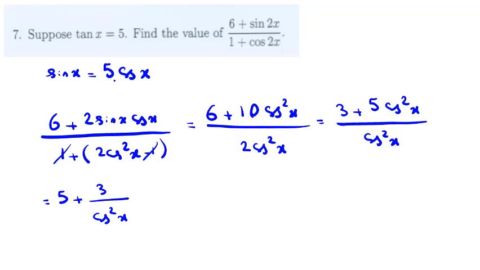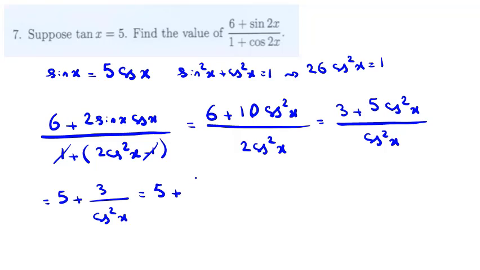And now we know sine x equals 5 cos x. So we know that sine squared x plus cos squared x equals 1. We want to find cos squared x. So we replace sine squared x with 25 cos squared x. It will be 25 cos squared plus cos squared, 26 cos squared x equals 1. So cos squared x is 1 over 26.